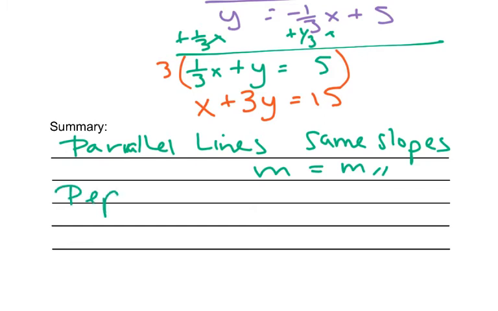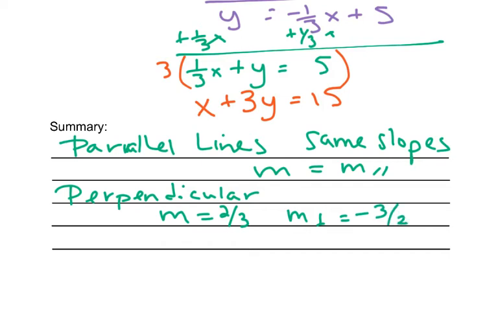Perpendicular lines have opposite and reciprocal slopes. So for example, if m is 2/3, your perpendicular one is going to be negative 3/2. Okay? Opposite and reciprocal.